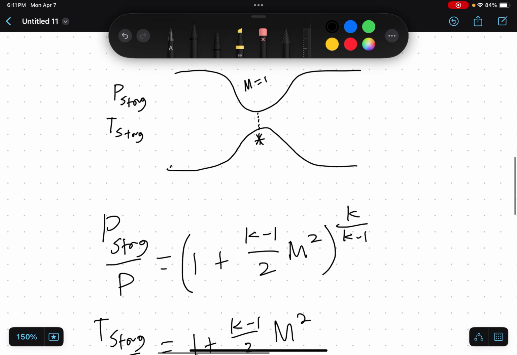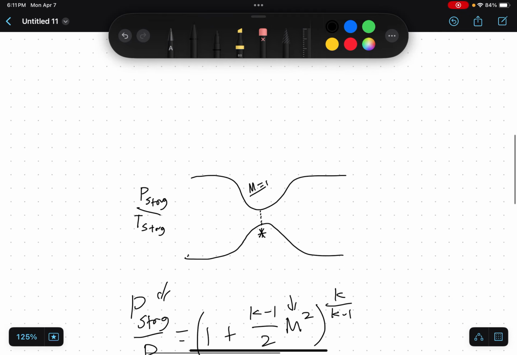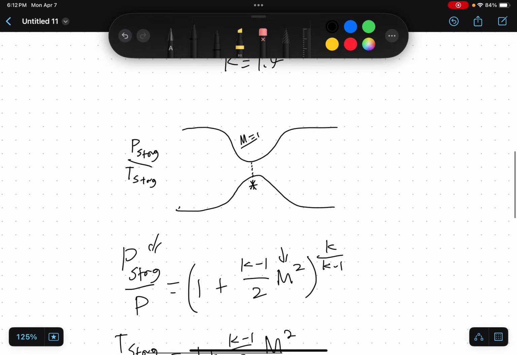Well, if you know P stag, and you know that Mach is 1 at the choke, you can plug those two into here. You can plug in P stag, plug in the Mach. K depends on what fluid you're using, but everyone does air, so K equals 1.4 for air.